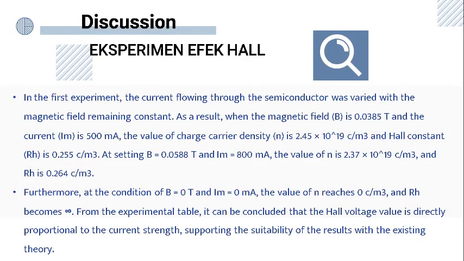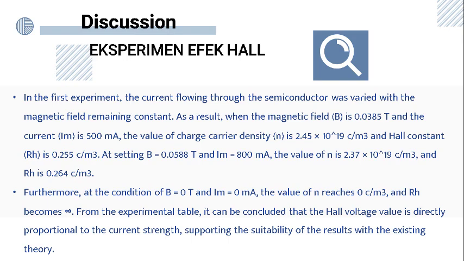In the first experiment, the current flowing through the semiconductor was varied and the magnetic field remained constant. As a result, the magnetic field B is 0.0385 Tesla and the current IM is 500 milliampere, and the charge carrier density n is 2.45 × 10^19 per cubic meter, and the Hall constant RH is 0.255 cubic meter per coulomb.